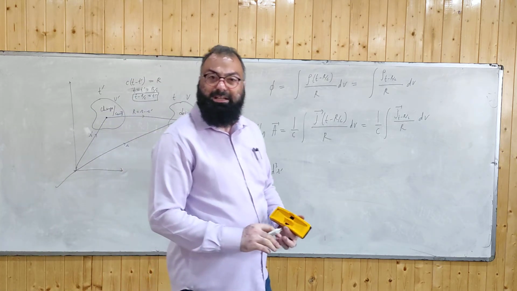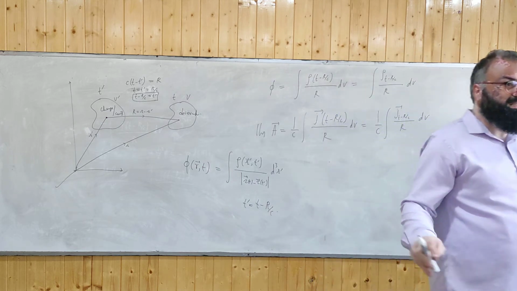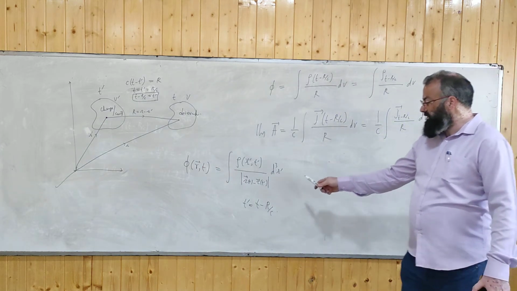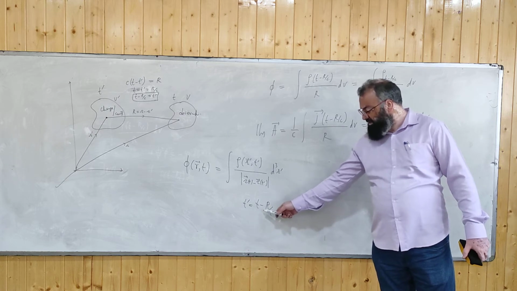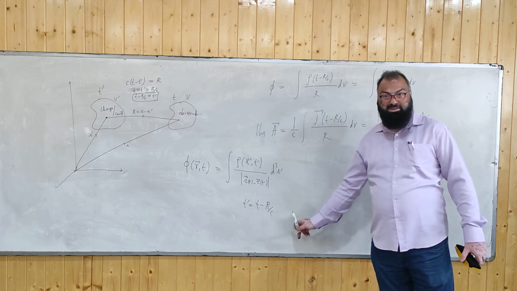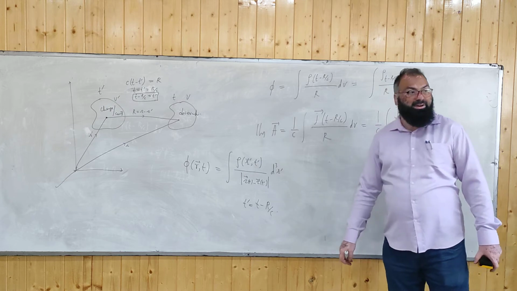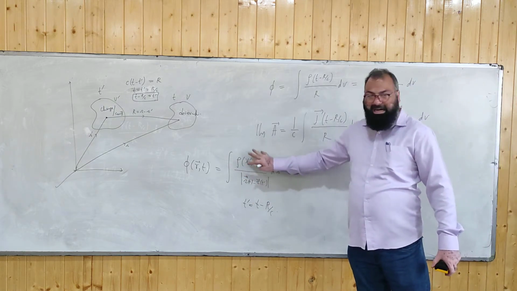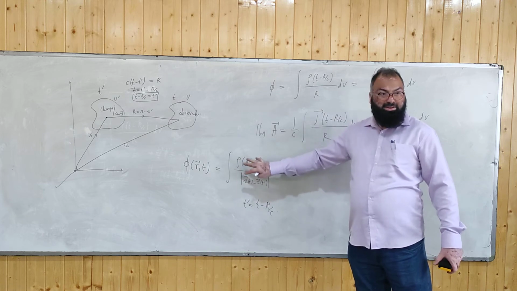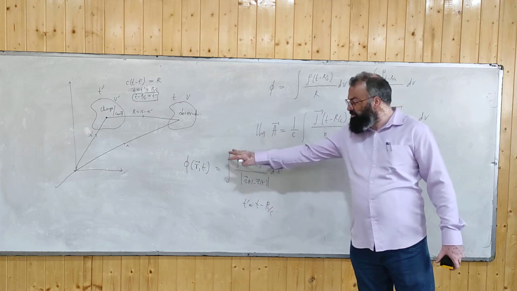Now look here, the time component: what is happening to this t prime? That is t minus r by c. So it's a retarded thing. In other words, you are measuring this at the earlier time. What has happened at the earlier time is what you are measuring now.